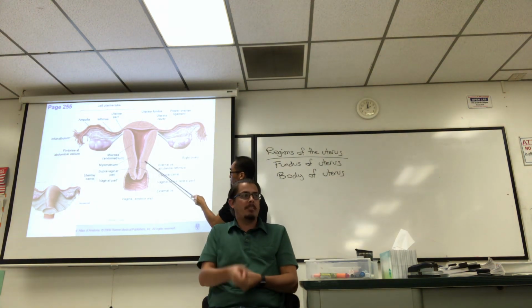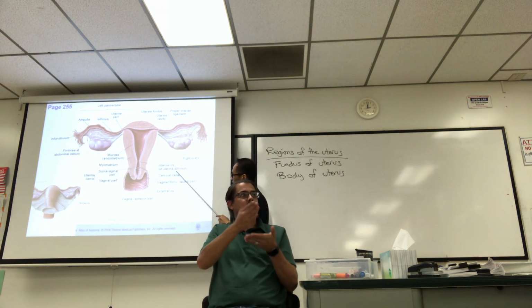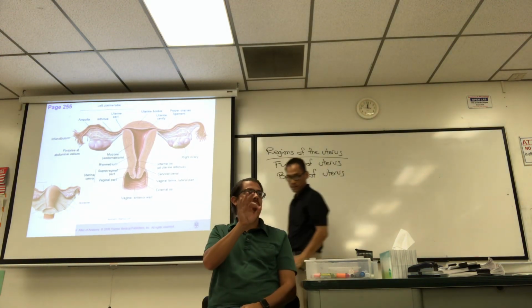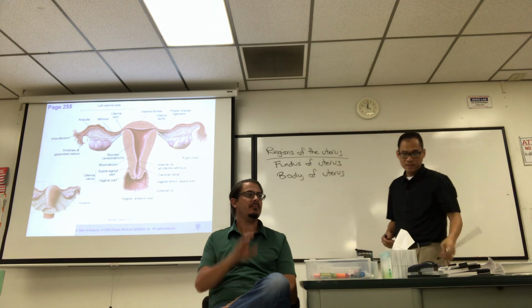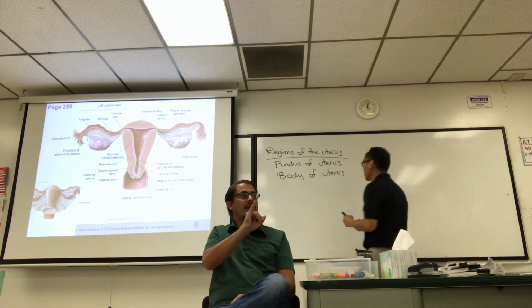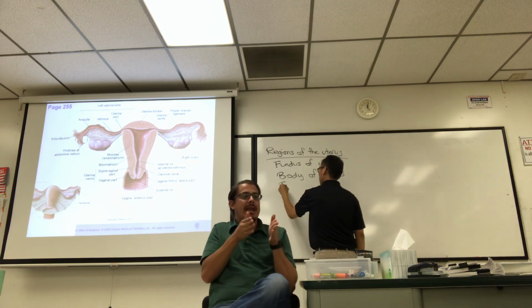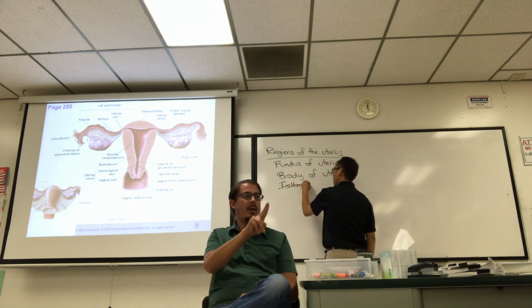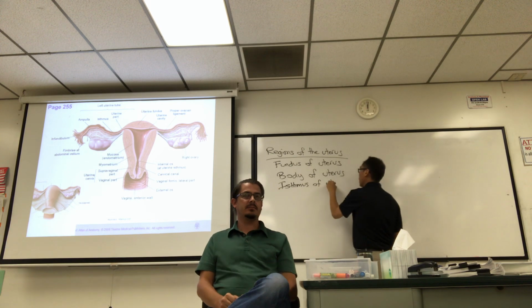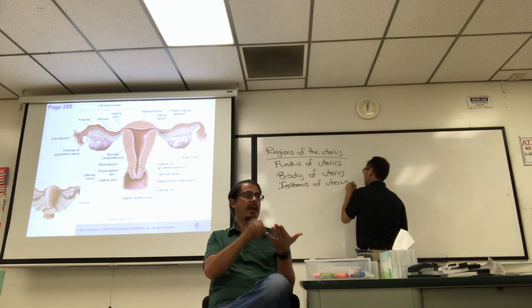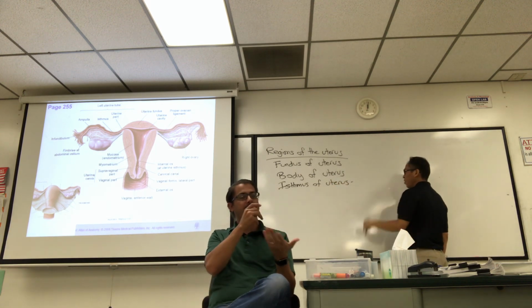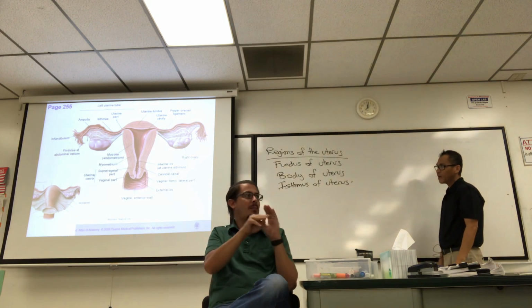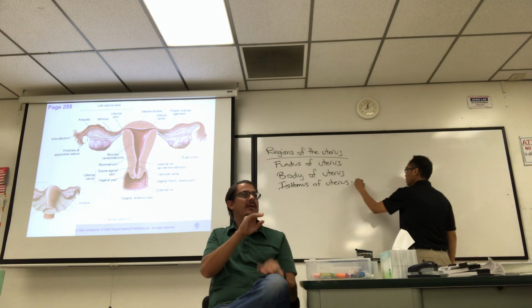Right there is the next part, called the isthmus of the uterus. It's the part where it constricts. Isthmus is a narrow region. To help you identify it, it doesn't always show as a constricted part in our models, but it's at the same level of the internal os.